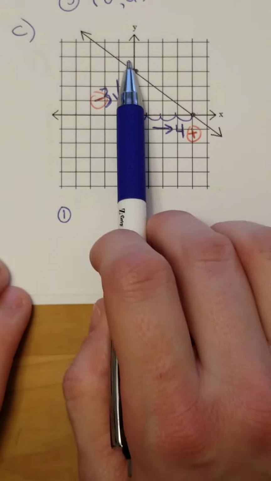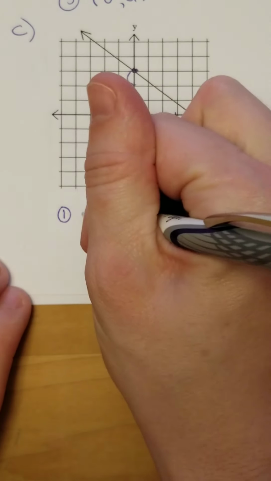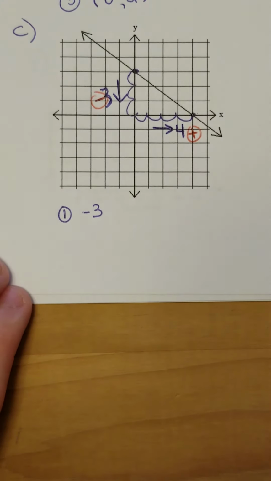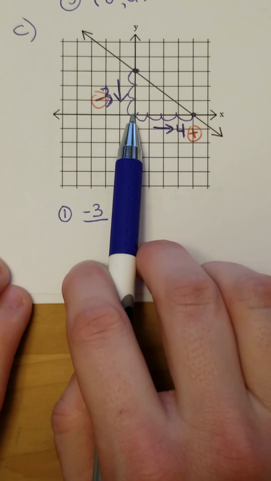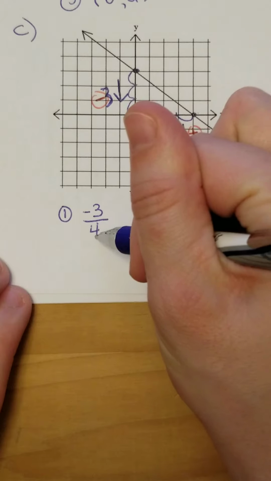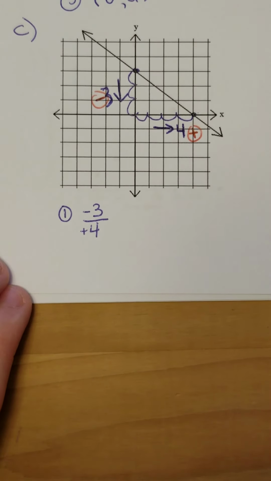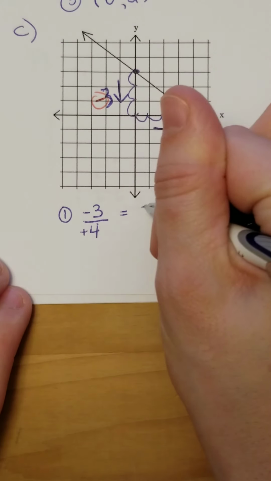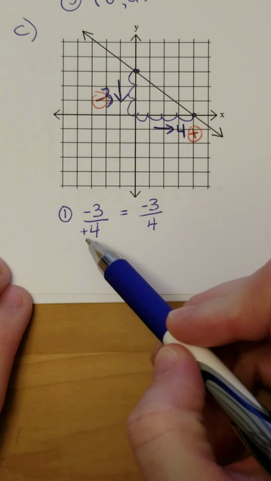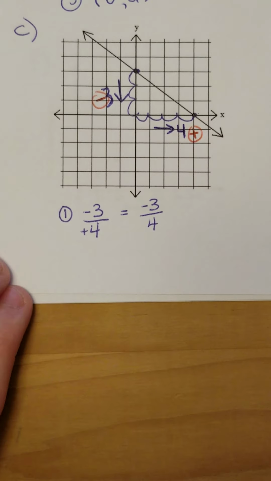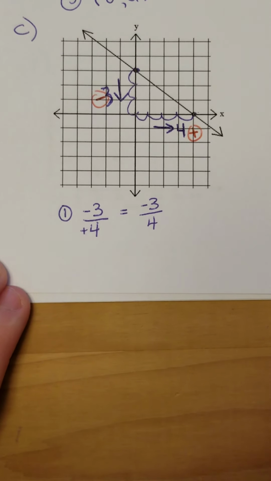My rise, what I went up and down, I went down 3, so I'm going to go -3. And then my run, what I did left or right, I went to the right 4, which is +4. So that would be my rise over run. And I just simplify that. You can't actually reduce the fraction at all. All I can really do to clean it up is get rid of that positive. You don't need to write the positive, but it is still a -3 over 4.